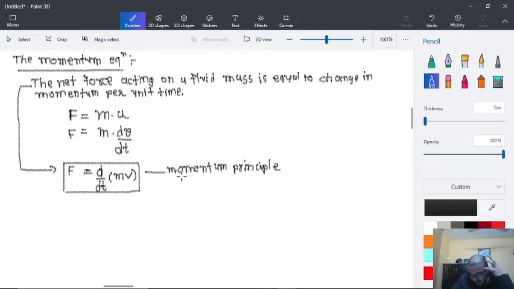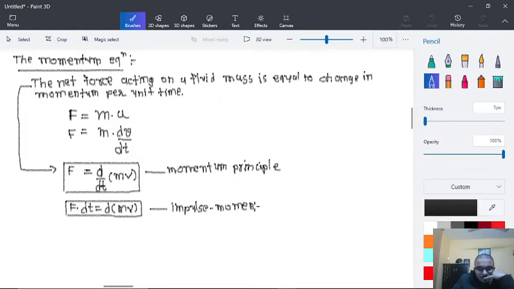It can also be written in a different form, that is, F into dt is equal to d of mv, which is known as the impulse momentum principle.